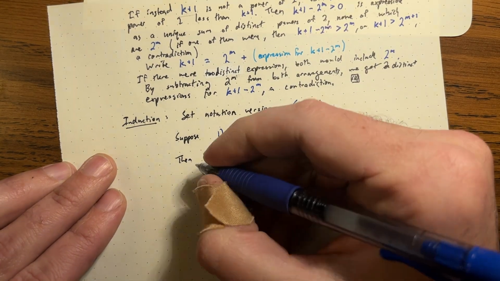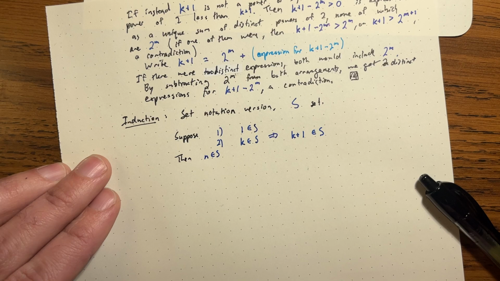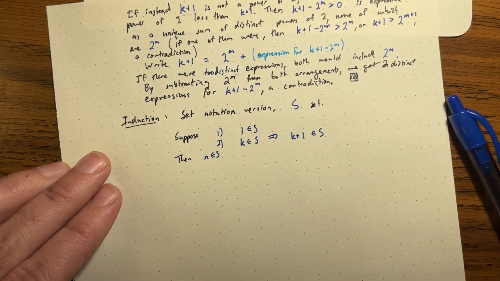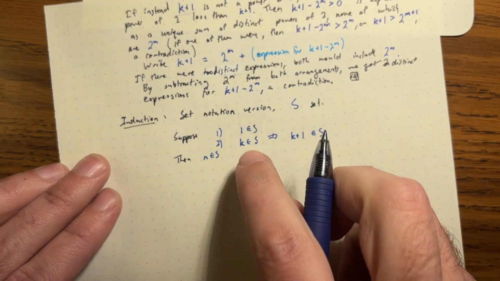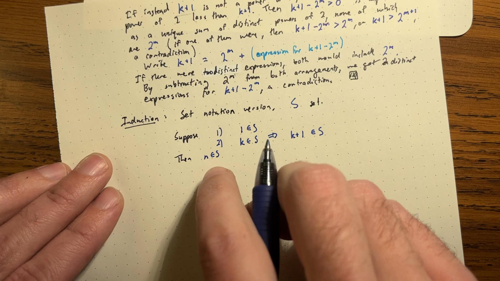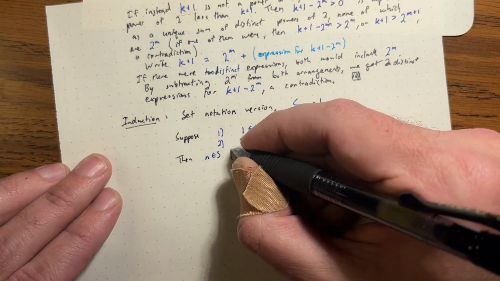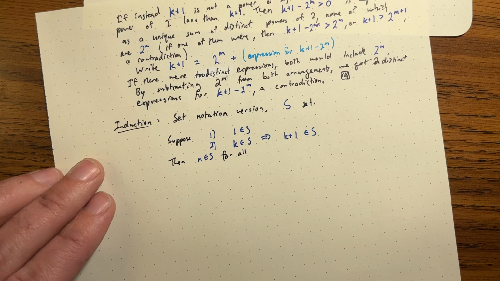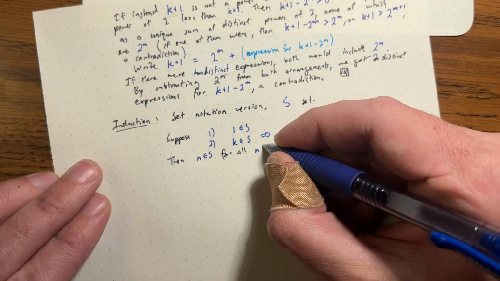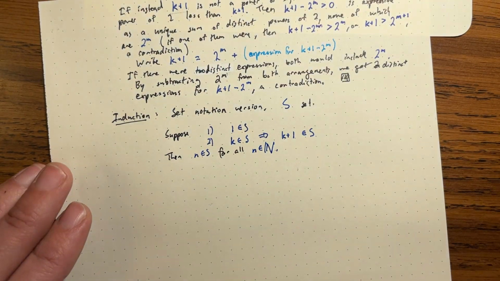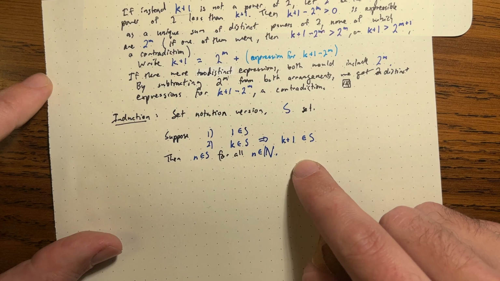Then this statement, along with the base case, implies n is in S for all natural numbers n. So that's the set notation version.